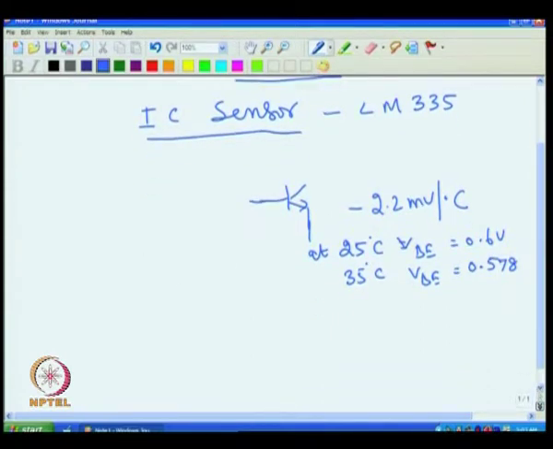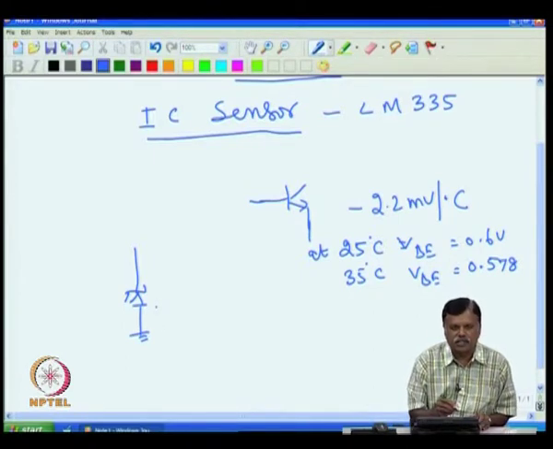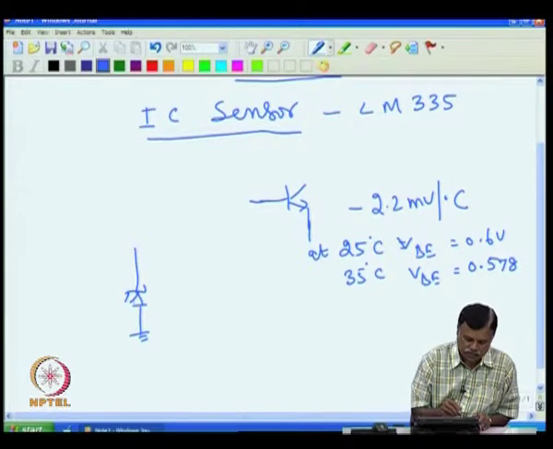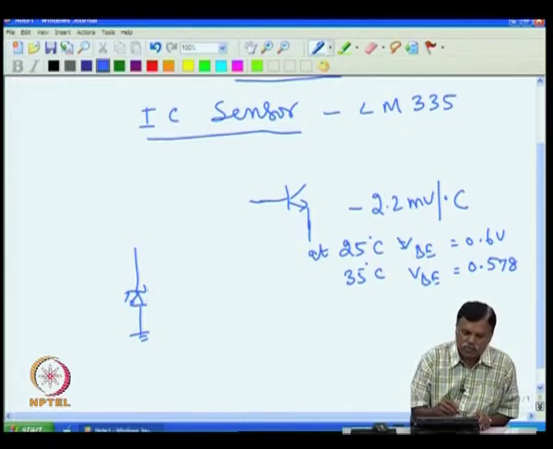If you look at LM335, the symbol is like a Zener diode. Actually, there is a third terminal associated with this. Let us not worry about that at this point of time. So, this symbol is like this. Now, to use it as a temperature sensor, I have to pass a current through this. That current should be a minimum of 1 milliampere.